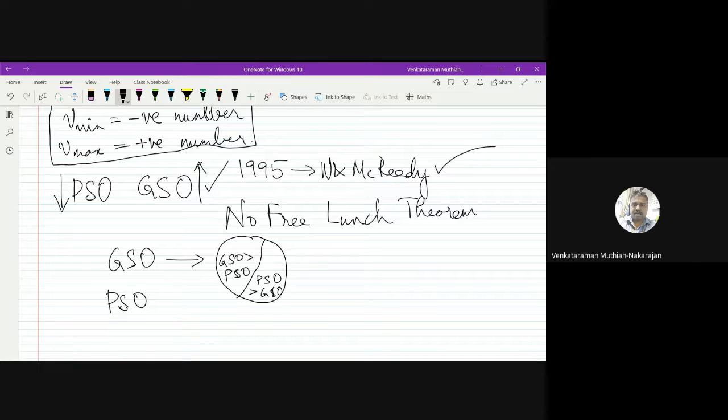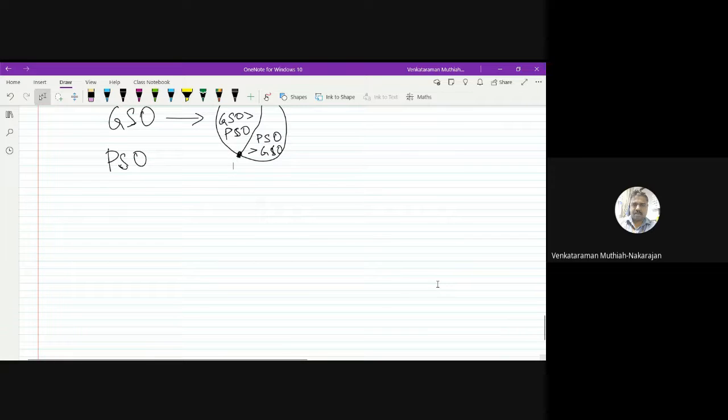So the problem is you have to know something about the function that you are optimizing. In this case, I have shown my algorithm GSO doing better. How can I claim that it is a superior algorithm? It is based on practical considerations. Suppose GSO consistently does well on practical problems, like any cost function you find for your application in electrical engineering.